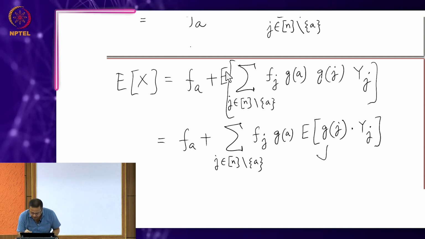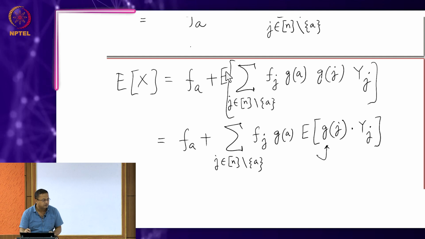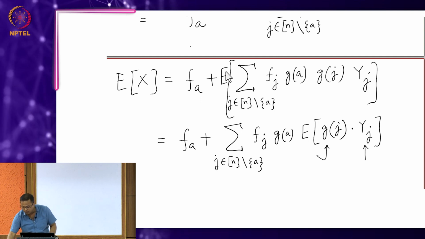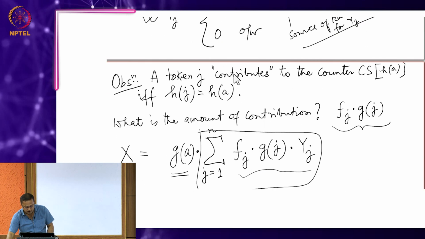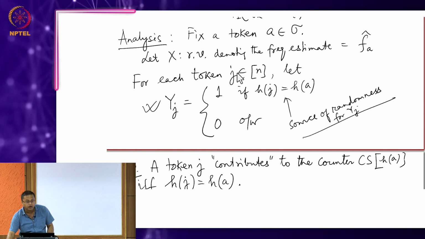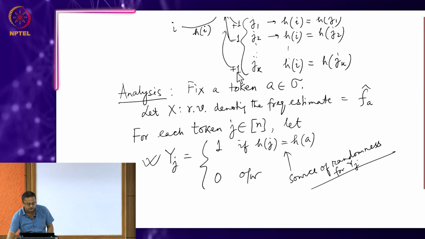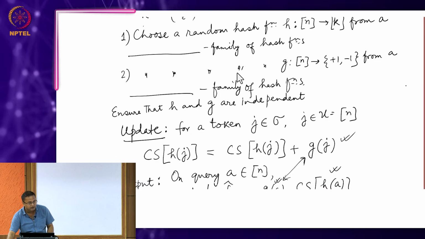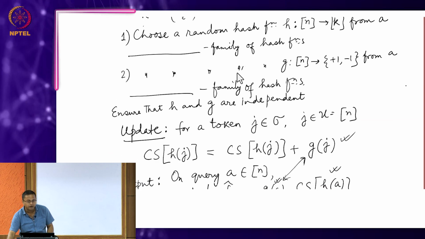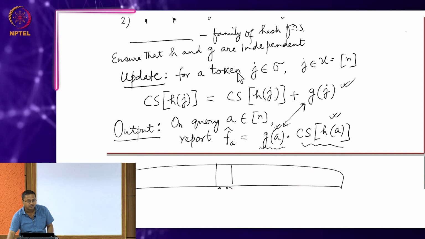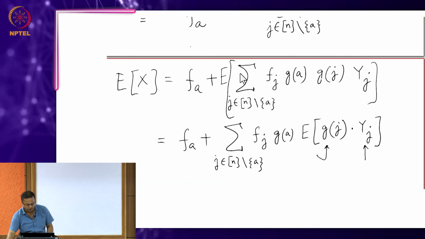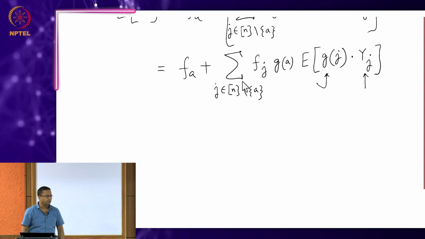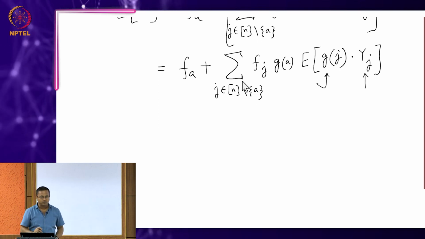One quantity is dependent on the randomness of g, and the other, as we argued earlier, is dependent on h, and initially I made h and g independent, right. So, now I can write this as the product of their individual expectations.